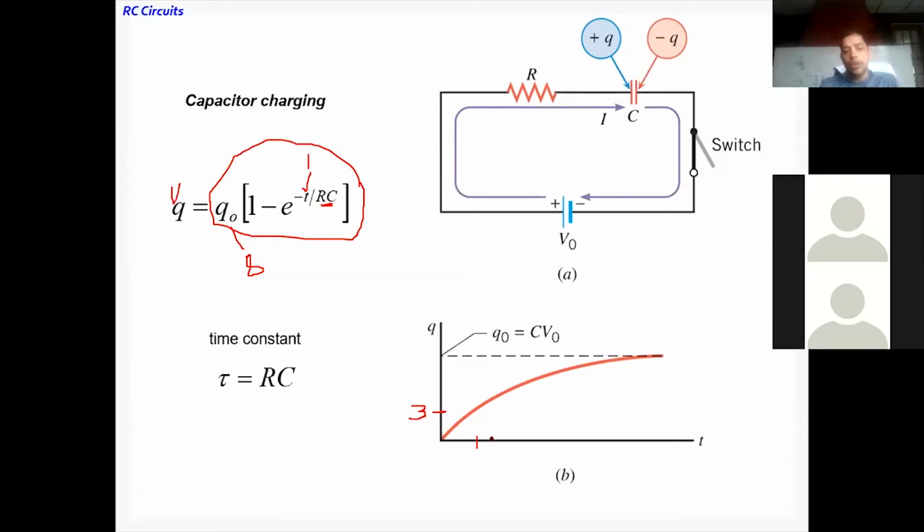Now, when t equals 2, what is your Q? If you remember, it was 4, right? It is 4. How do you get that? Put t equals 2 here, and instead of 1, change this to 2 now. Again, you have the same RC.